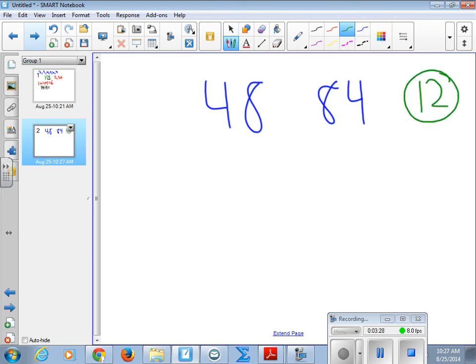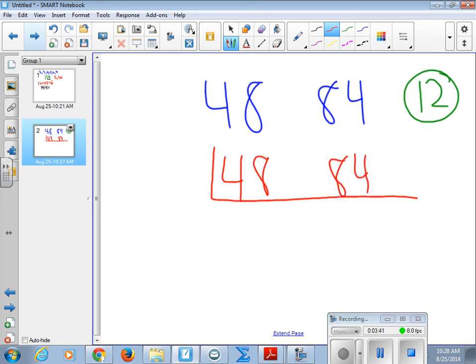But let's say you can't see this as quickly as I did. What we do? We make a little box or a little inverted division sign. We set up our 2 numbers in that box. Now I look at 48 and 84, and I know that they're both even numbers. Therefore, they divide by 2. So half of 48 is 24. Half of 84 is 42.